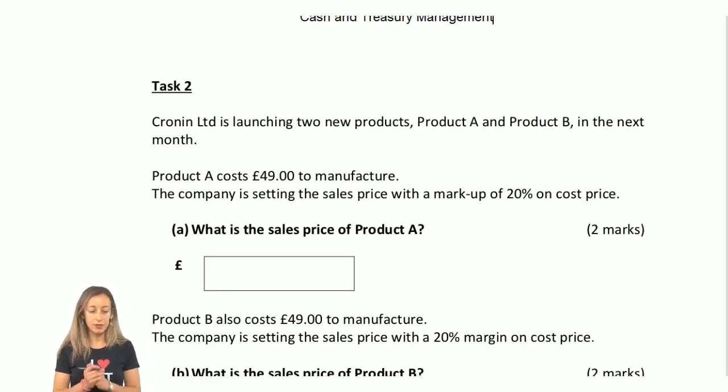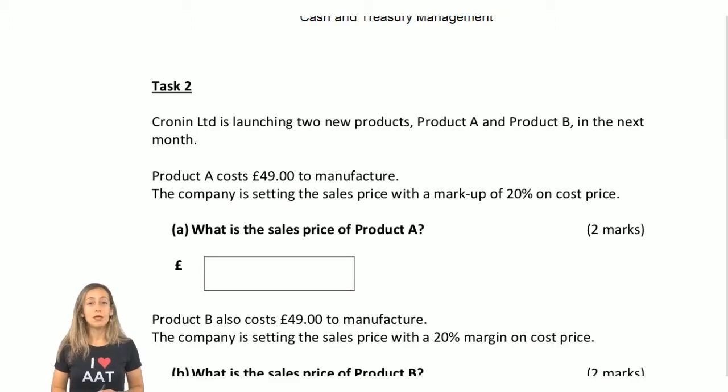So we're doing an assessment task on the unit Cash and Treasury Management, and this assessment task number 2, as we will see in a little bit when we look at the requirements, is one which focuses on your ability to forecast. That is quite an important ability, as we would all agree, being able to forecast things such as required volumes of a product, things such as selling price and whatever else.